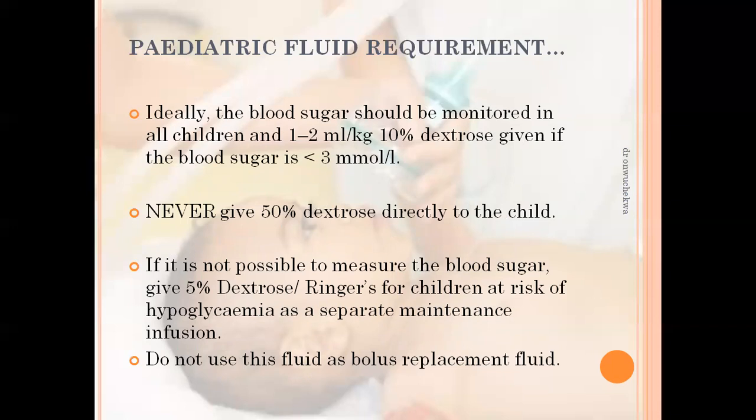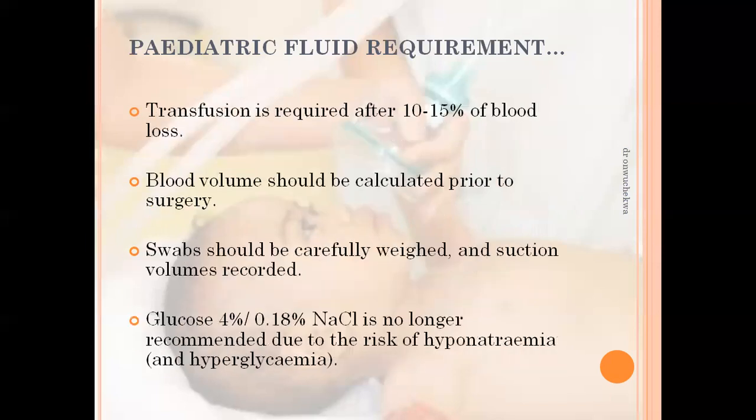Never give 50% dextrose directly to the child. If it is not possible to measure the blood sugar, give 5% dextrose in Ringer's for children at risk of hypoglycemia as a separate maintenance. Do not use this for bolus replacement or fluids, to prevent the child from having hyperglycemia intraoperatively.